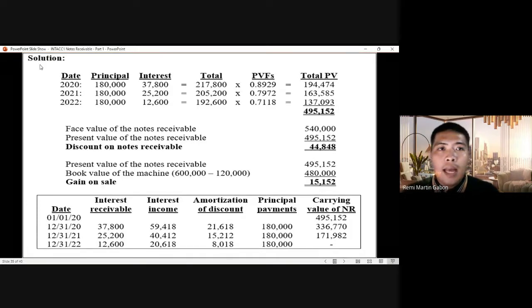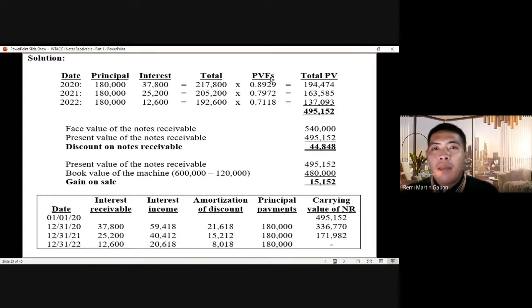Yung total ng principal and interest for each period, yung 217,800 up to 192,600, ito yung magiging debit natin mamaya sa cash. Take note yan yung magiging debit natin sa cash for each period. Then each cash flow, yung tawag po dito sa total column na to is cash flow per period.